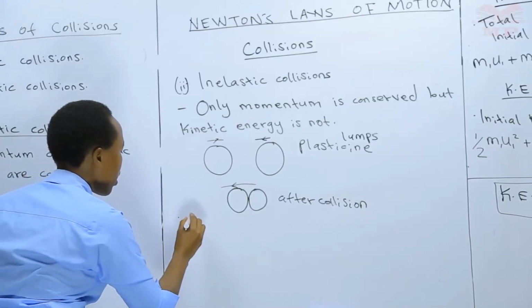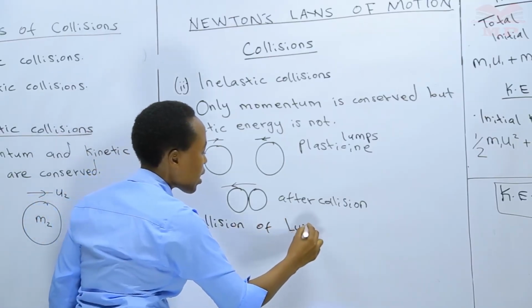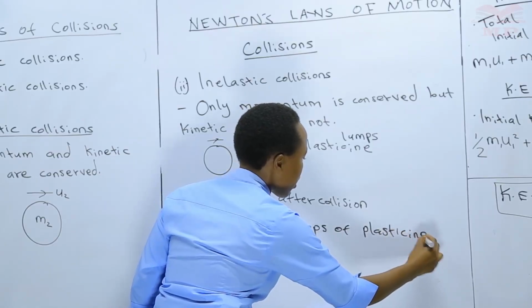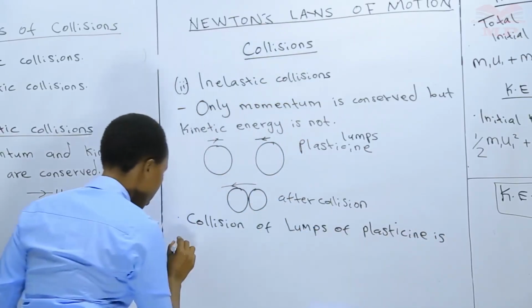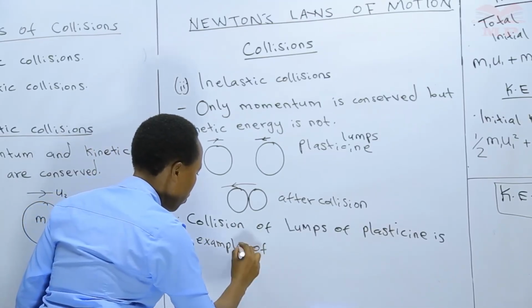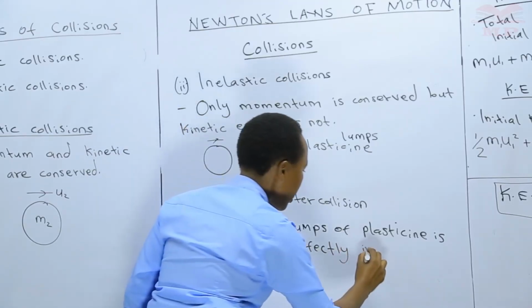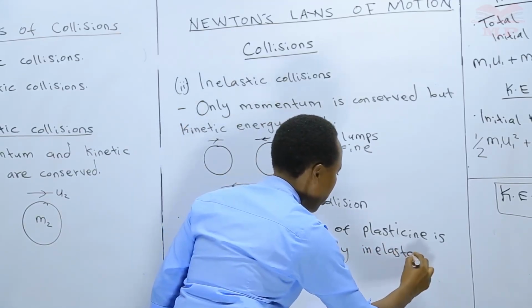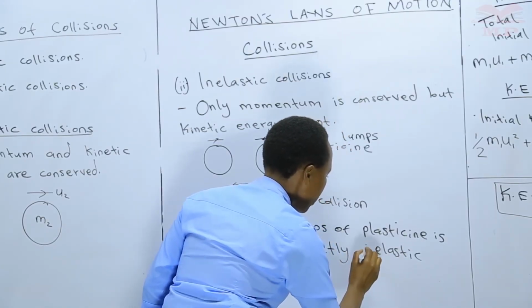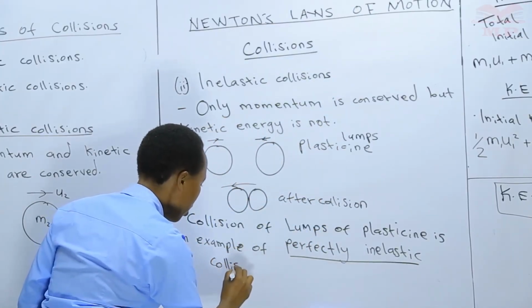The collision of lumps of plasticine is an example of a perfectly inelastic collision.